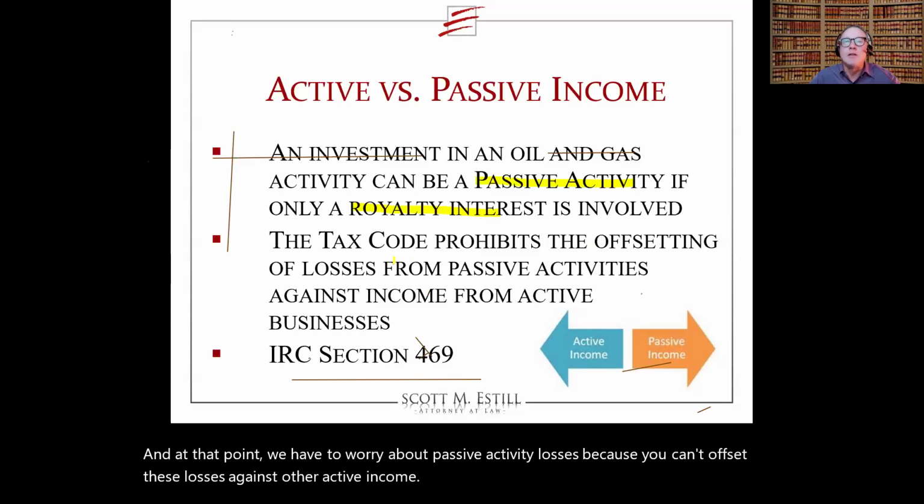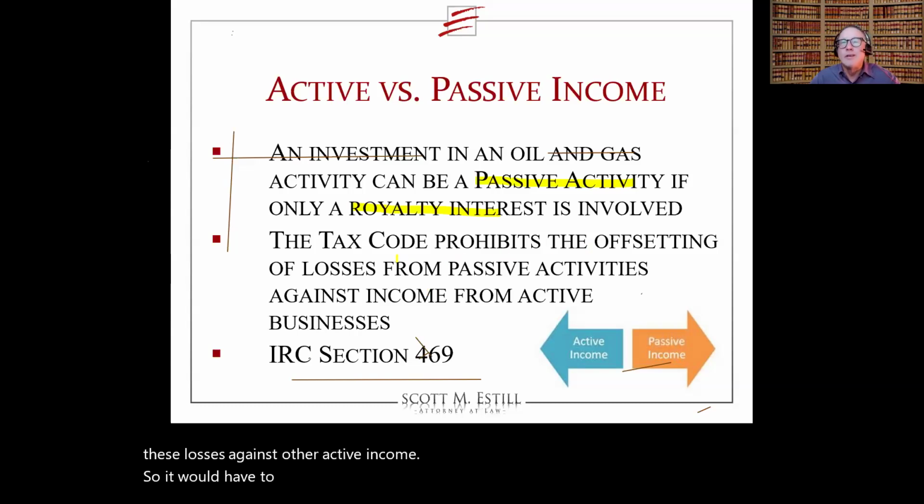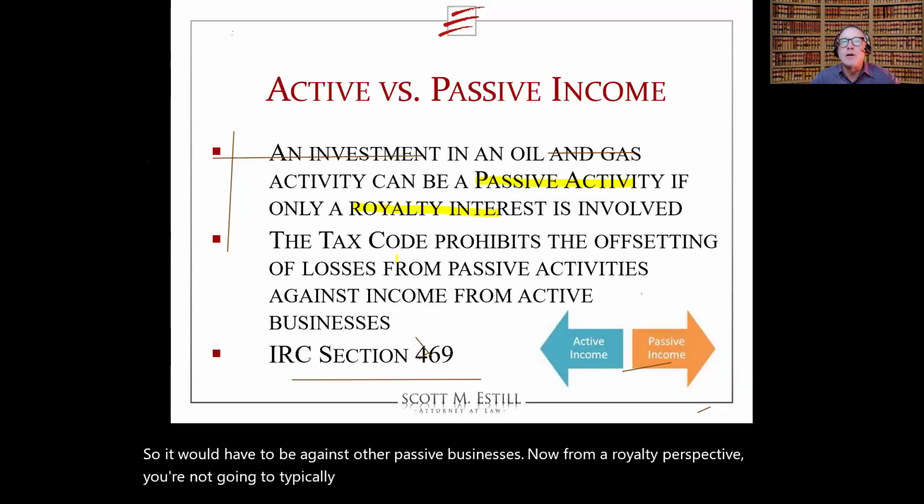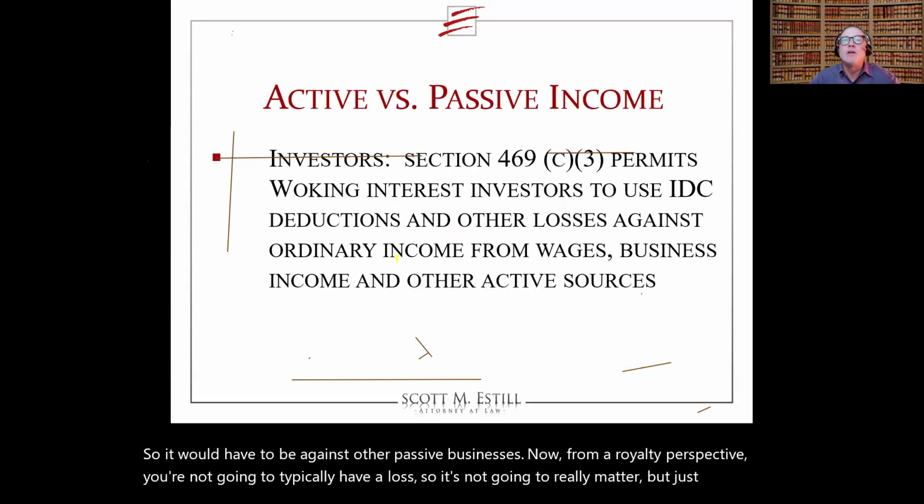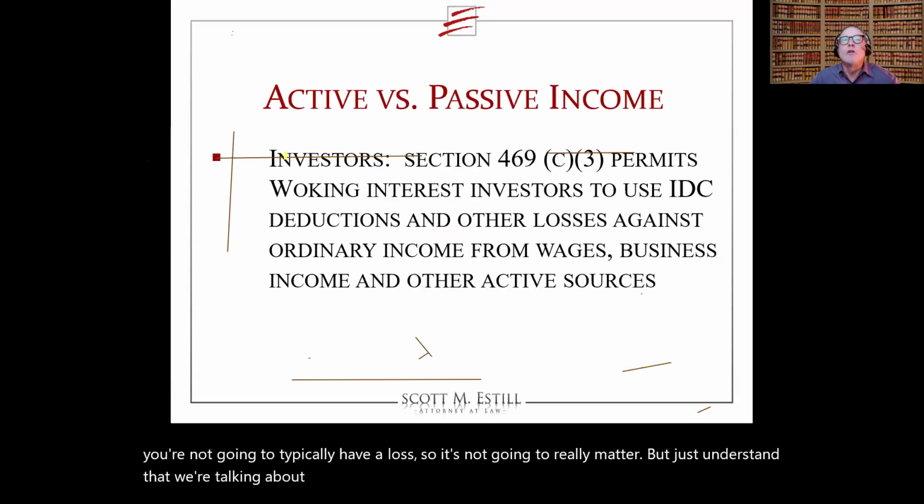So it would have to be against other passive businesses. Now, from a royalty perspective, you're not going to typically have a loss, so it's not going to really matter. But just understand that we're talking about passive income, whereas the working interest investor is basically looking at ordinary income here. And it makes a big difference.